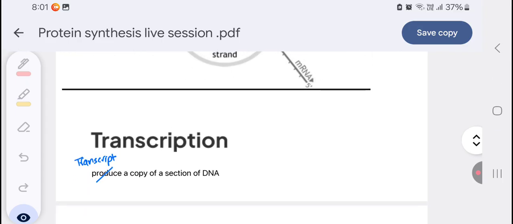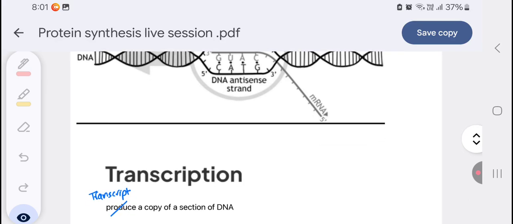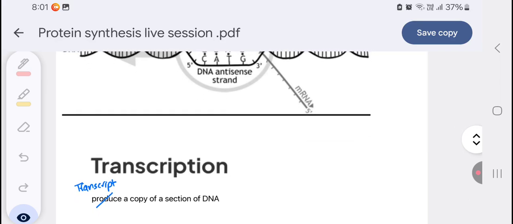Transcript, we call it in Arabic it's a nas transcript. GTAC is a transcript. Okay. So transcription is to produce a copy of a certain section of DNA that we need.